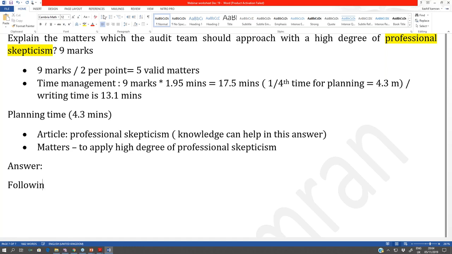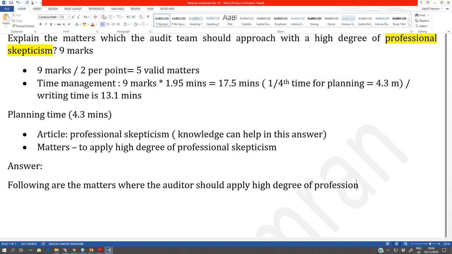Following are the matters where the auditor should apply high degree of professional skepticism.